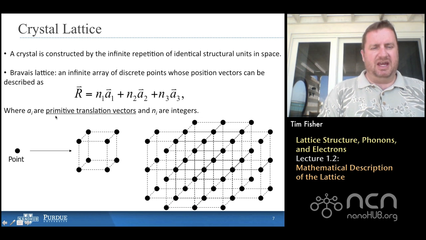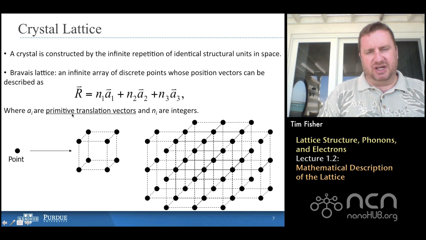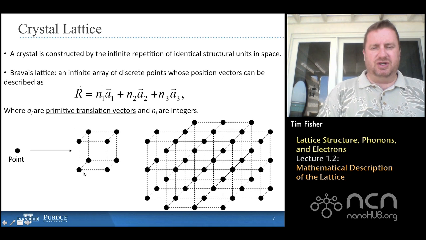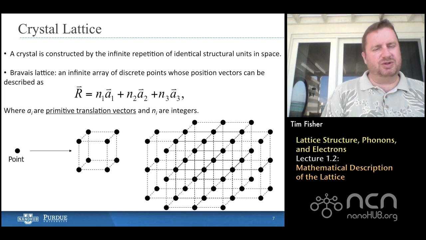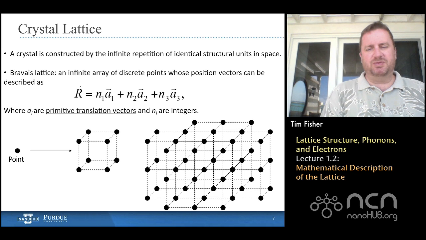So these a vectors are called primitive translation vectors, and if we just let the n's, n1, n2, and n3 go through from 0 to infinity, then we would fill all of space.